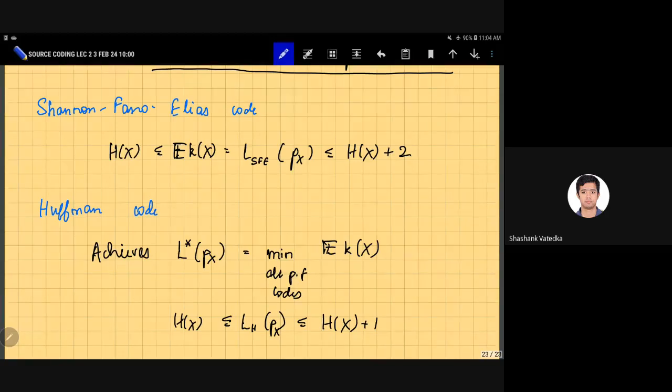And once again, I'd like to remind you that the code which achieves the minimum expected length is not necessarily unique. There could be multiple codes which achieve L star of P_X, but you can't do any better than this. You cannot achieve any expected length which is less than that achieved by the Huffman code.